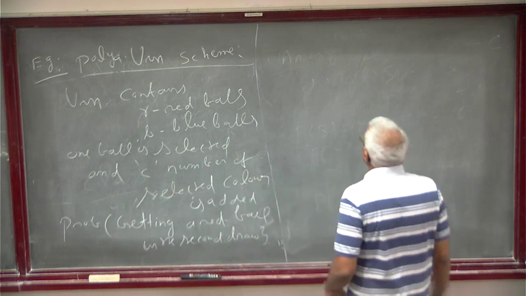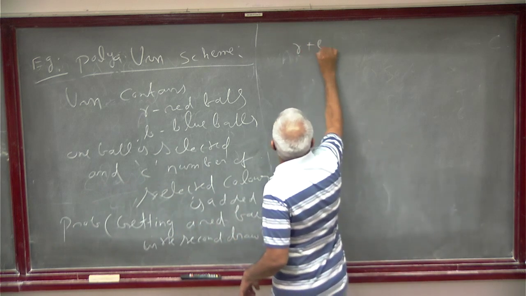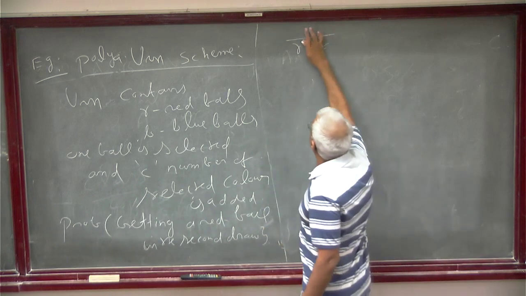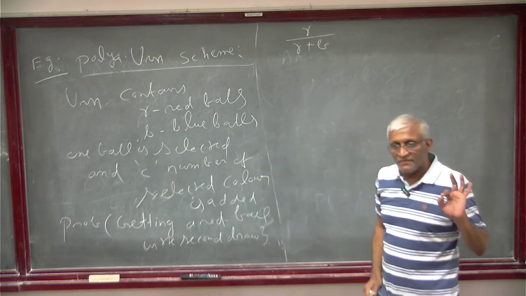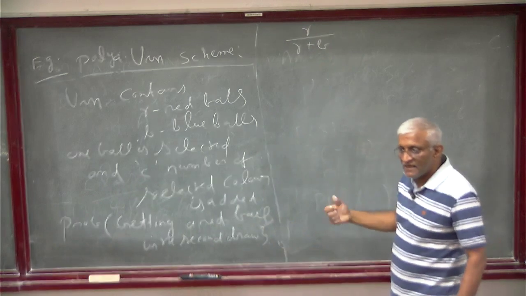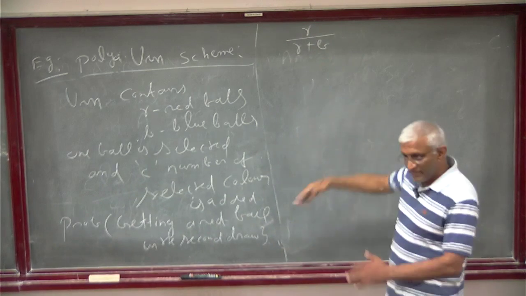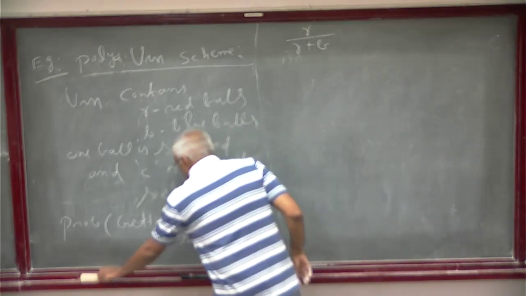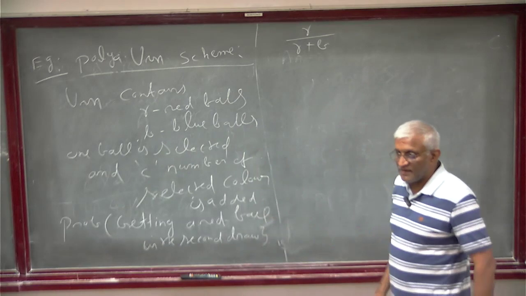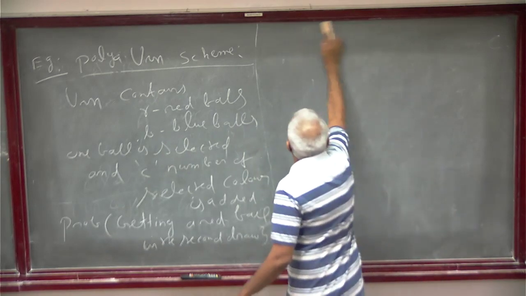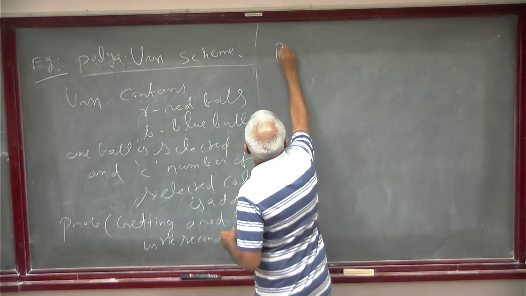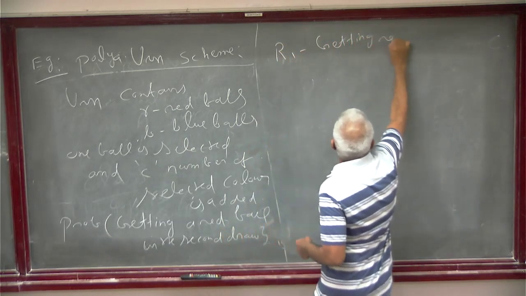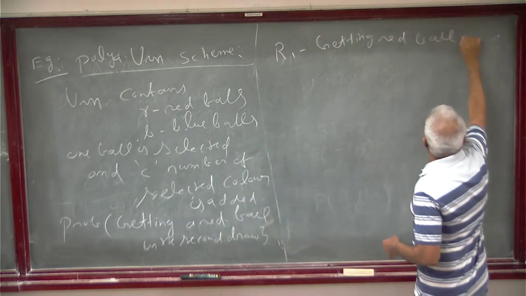Initially there are R plus B balls. So getting any ball is 1 by R plus B. Getting a red ball is R by R plus B, initially. Now C balls are added, whatever, of the same color as the ball taken. So let R1 be getting a red ball in the first draw.